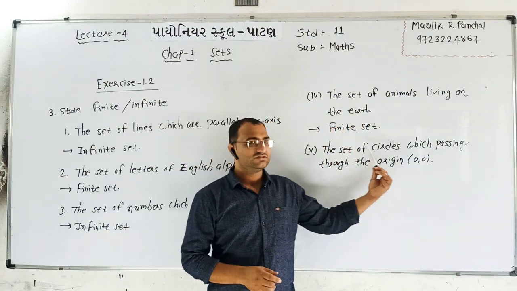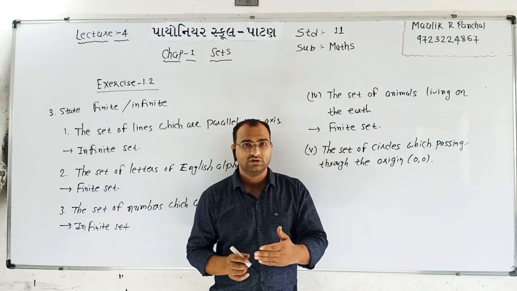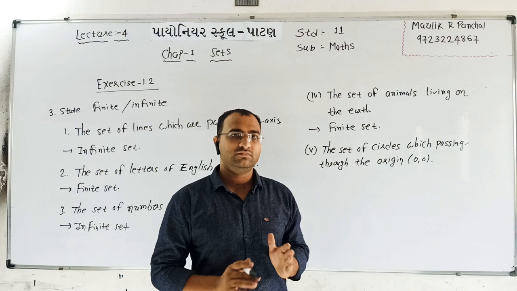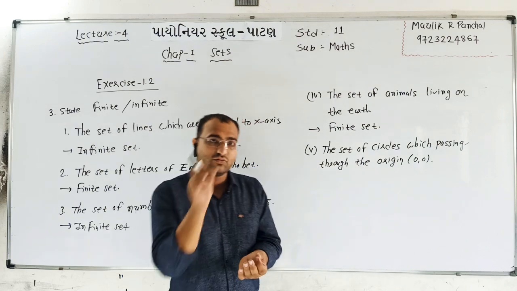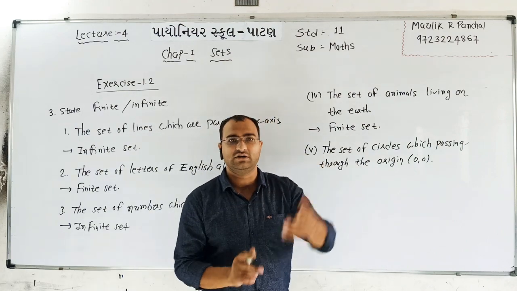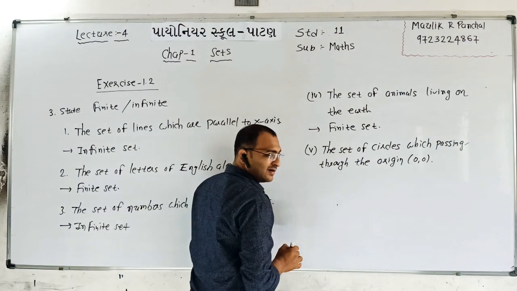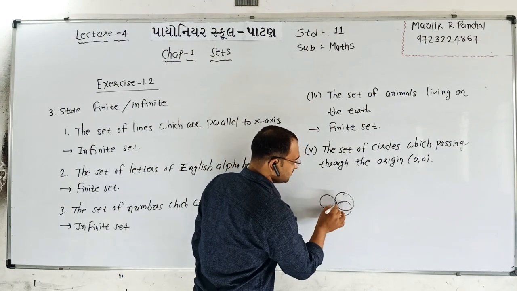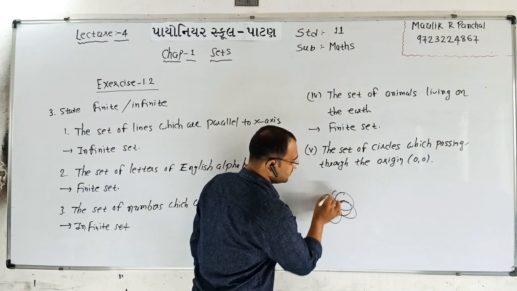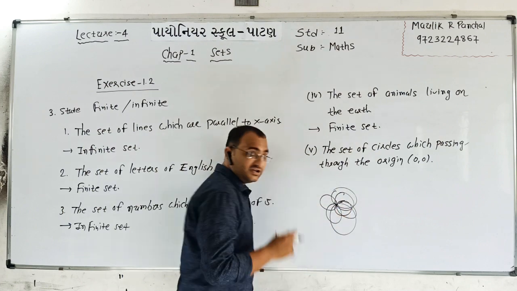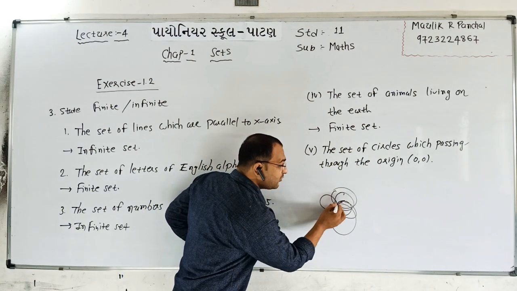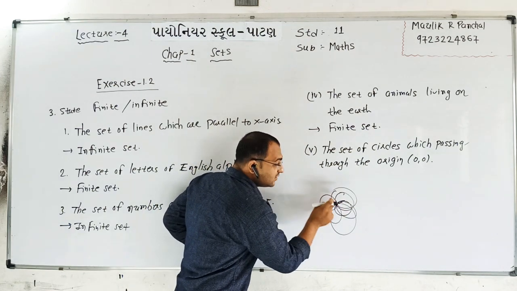We know that circles passing through only one point are infinite. The number of circles which pass through one point is infinite. If here is one point, this type of circle is infinite, which passes through the common single point.